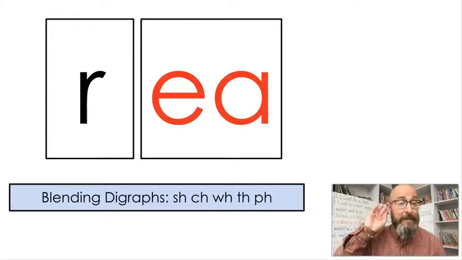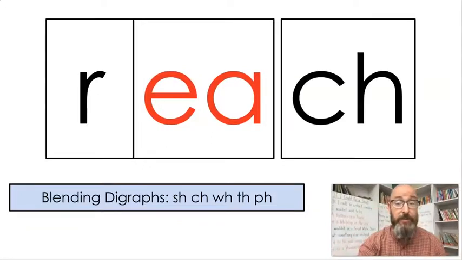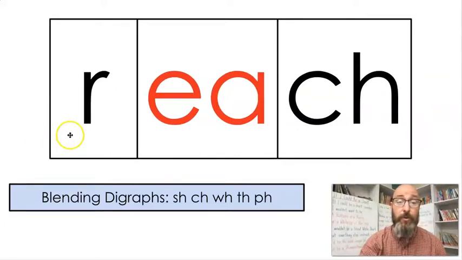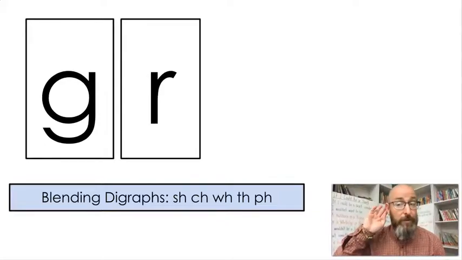Sound, r. Sound, each. Put that together. Reach. I have to reach real hard to get to the top shelf. Sound, g. Sound, r.